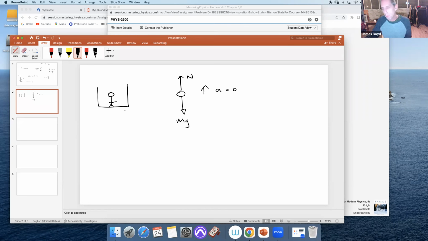It's moving with constant velocity, and constant velocity implies that a is 0. The velocity is not changing, therefore there's no acceleration. This is his weight vector. And so we can say ma is N minus W, and that's 0. So the normal force is his weight.